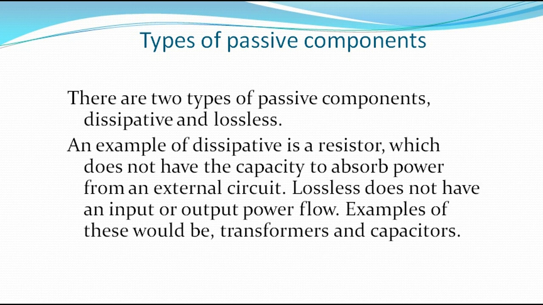In terms of lossless, lossless does not have an input or output power flow. Examples of lossless are transformers and capacitors. You know, there is a difference between capacitors and transformers.